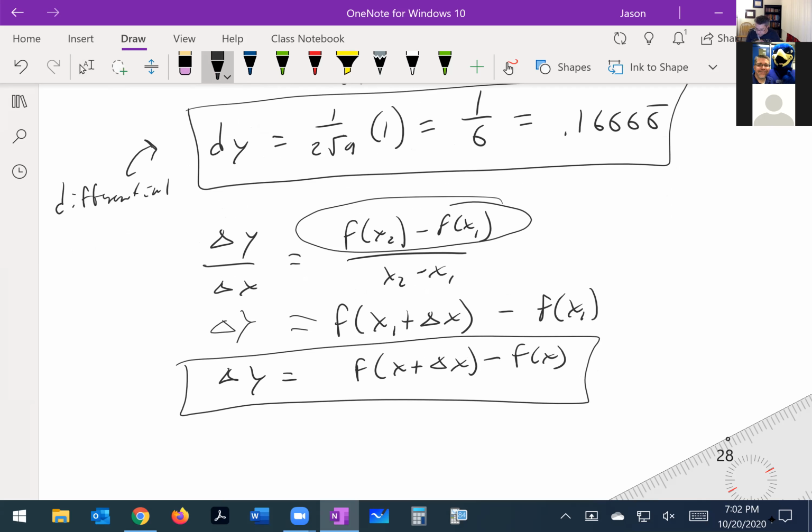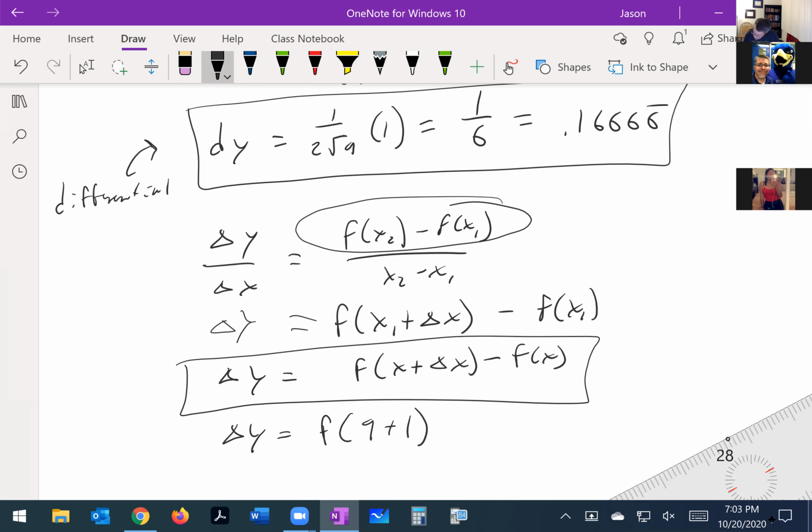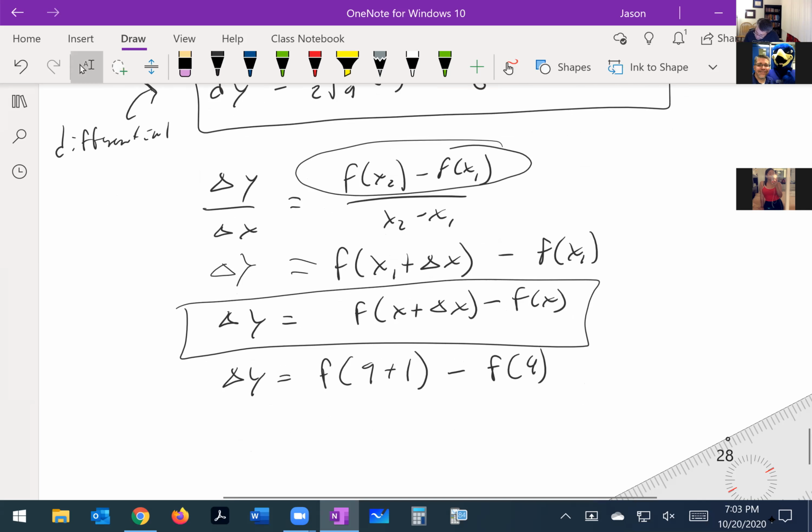Okay, so what's this going to be? Delta y is equal to f of x, but what is x? It's 9, plus the differential of x, which is the change in x, which is 1, minus f of 9. So this is going to be f of 10 minus f of 9.